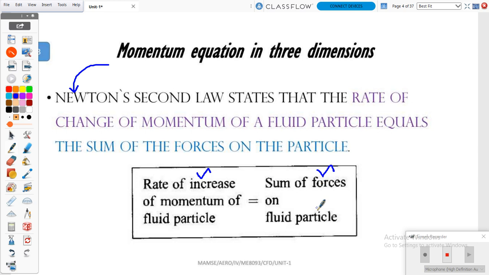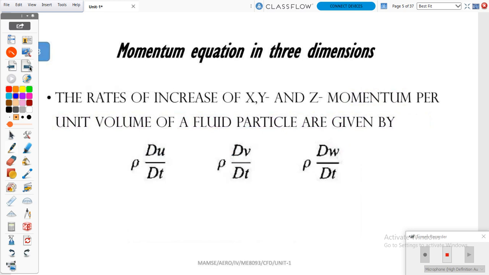Based on how much force we apply, it will start to change its path. So this is the first assumption according to Newton's second law.